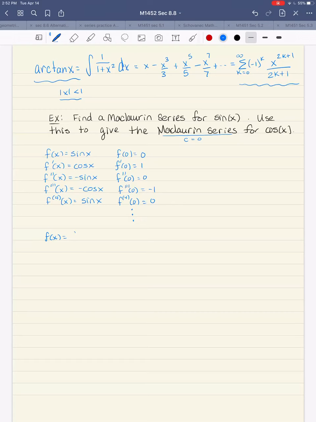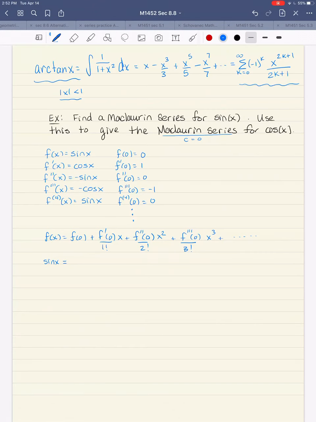So when we build this polynomial, here's the Maclaurin formula: f of x is equal to f of 0 plus f prime at 0 times x over 1 factorial plus f double prime at 0 times x squared over 2 factorial plus f triple prime at 0 times x cubed over 3 factorial, and so on.